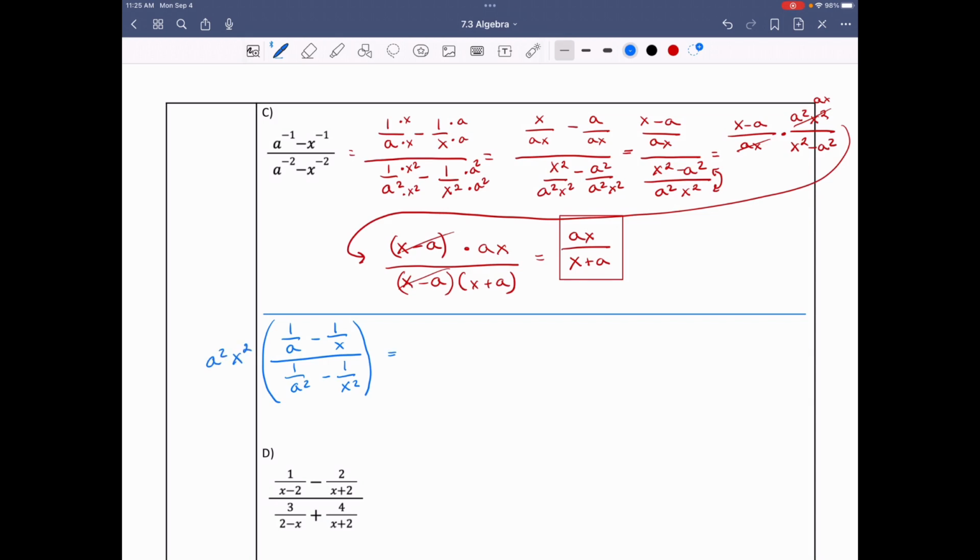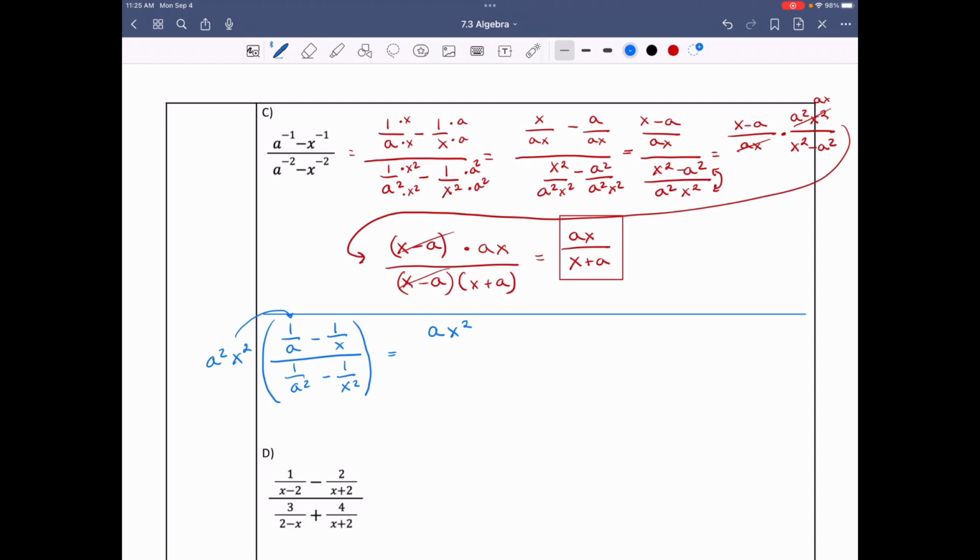Okay, so in the numerator, if I multiply this first rational expression, I get an a canceling. So 1 times that would be ax squared, because we're multiplying that by over 1.